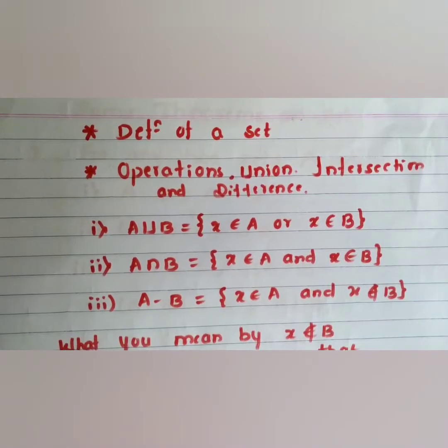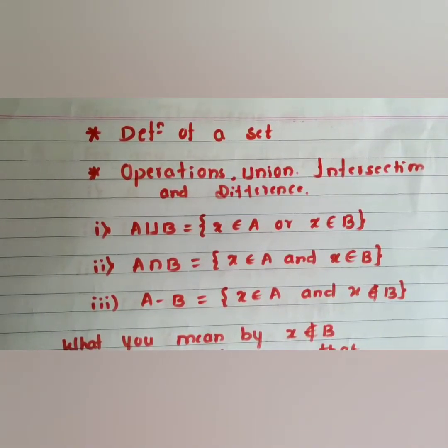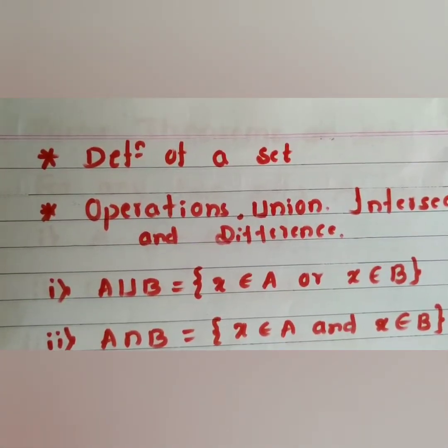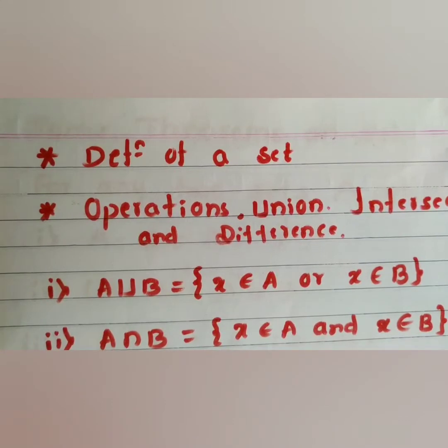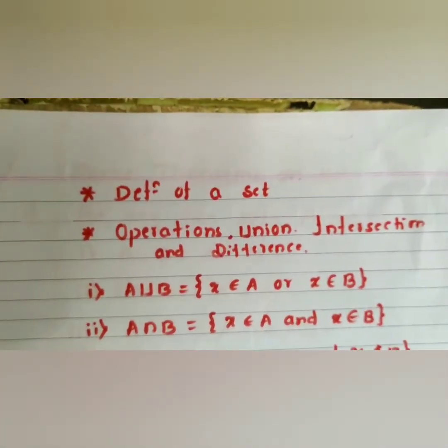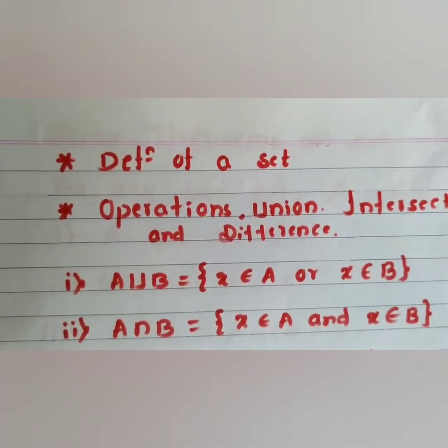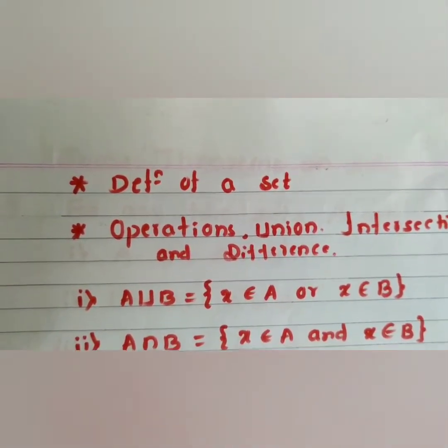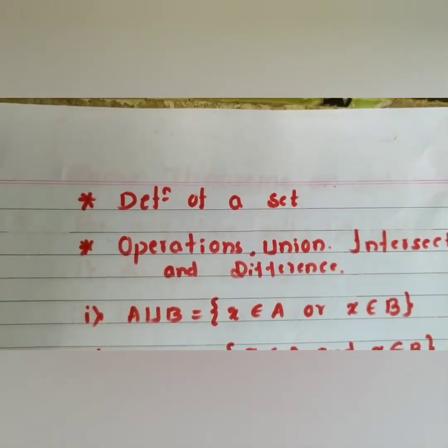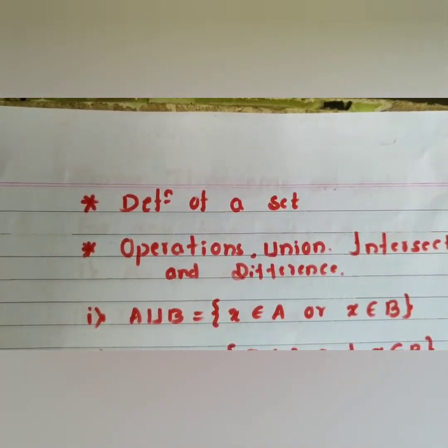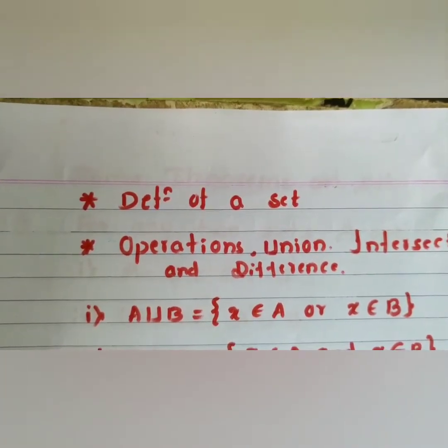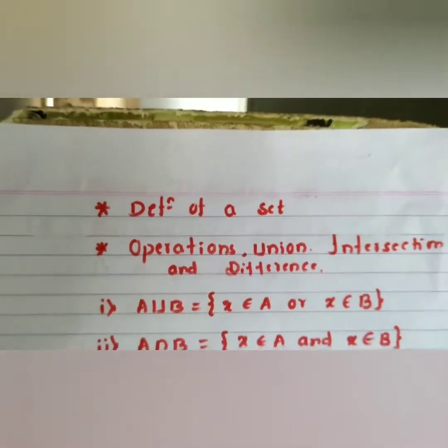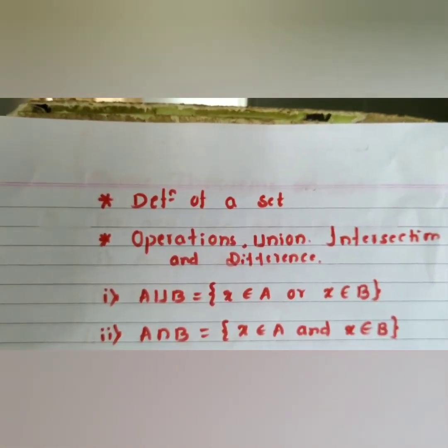First, recall the union of two sets A and B. A union B is equal to the set of x such that x belongs to A or x belongs to B. That means all the elements of A and B together are called A union B. The symbol union can also be read as cup.